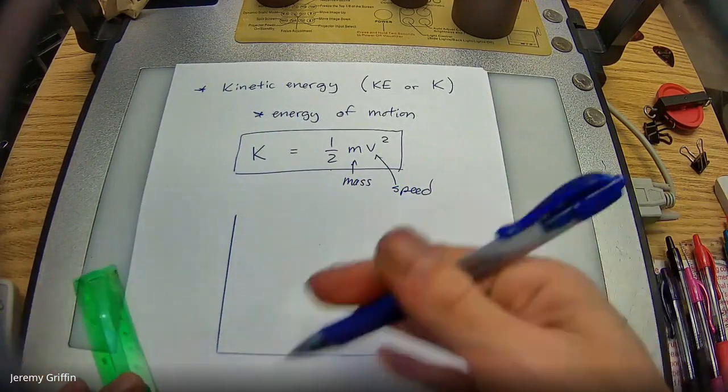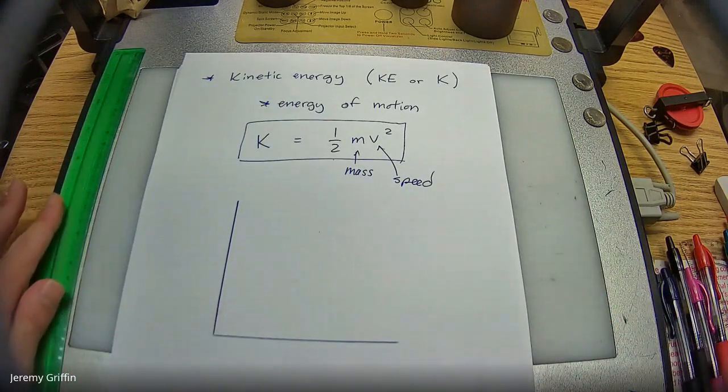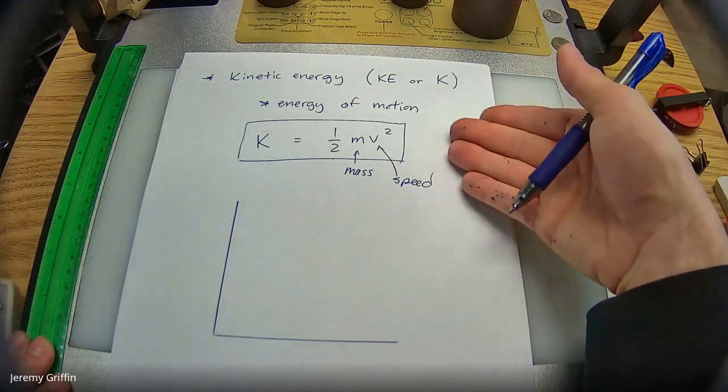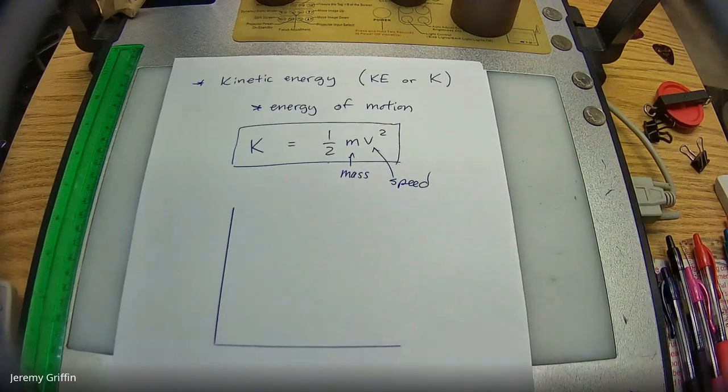One is that I'm about to draw a graph that you could sort of argue leads to that. The other is that I'm going to go back to Galileo dropping stuff off the Leaning Tower of Pisa and show you that it comes out to the same answer using this equation for kinetic energy as it did using those kinematic equations from back in the day. So it's still consistent with everything we've done.